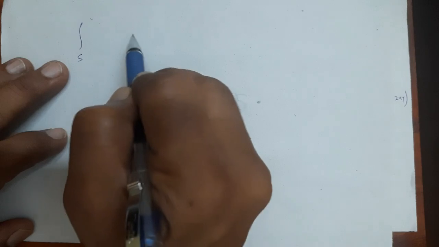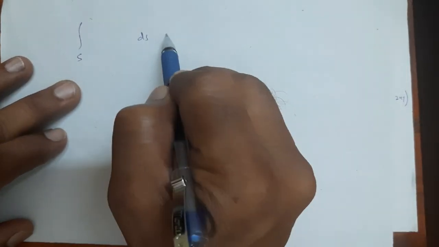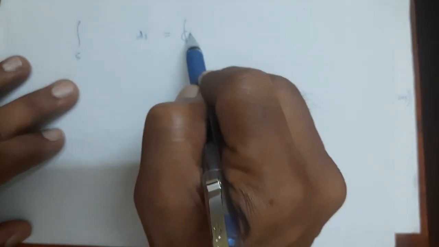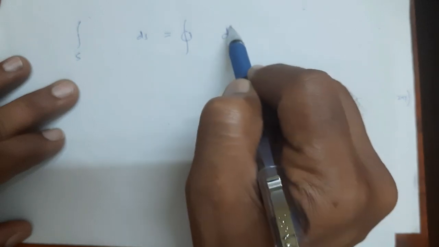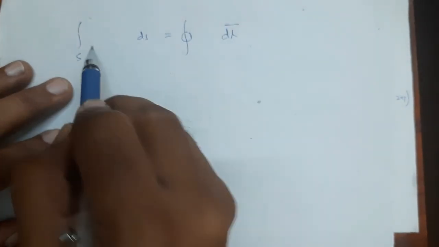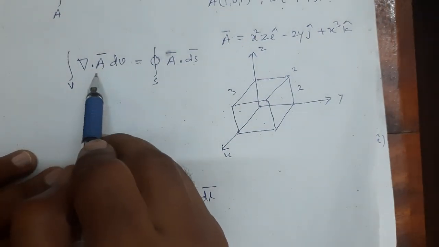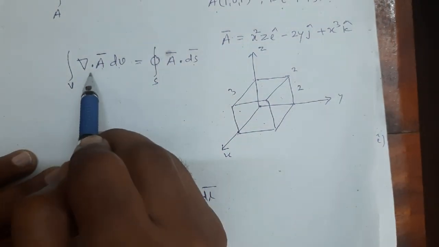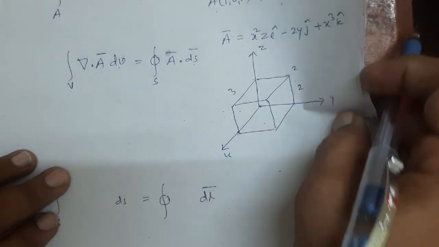Exactly in a similar manner, we may think about the third theorem, which relates the surface integral and the line integral. Obviously, if I think about a surface, it is bounded by a line. In the case of the volume integral, the volume is bounded by the surface.